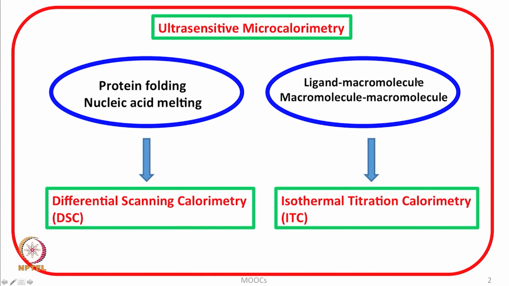And when it comes to understanding guest host interactions like ligand macromolecule interactions or macromolecule interactions, isothermal titration calorimetry becomes very useful. So, there are two types of ultra sensitive microcalorimeters available which can address these biological issues. One is the differential scanning calorimeter and the other is the isothermal titration calorimeter.